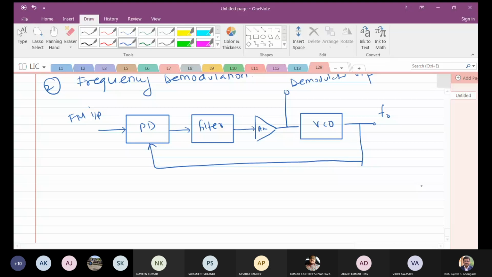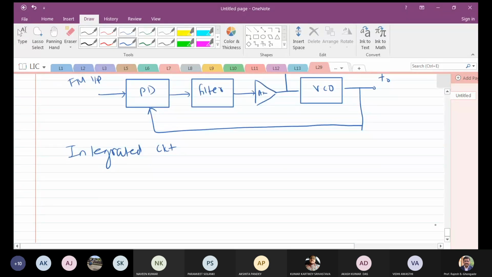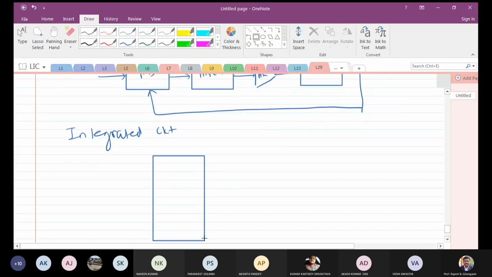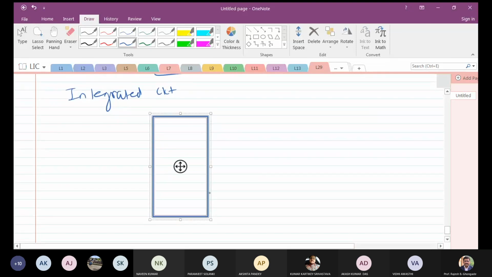In fact, phase lock loop is available in the form of an integrated circuit. Let me quickly show you. It is called NE565, and it is a 14-pin device IC.